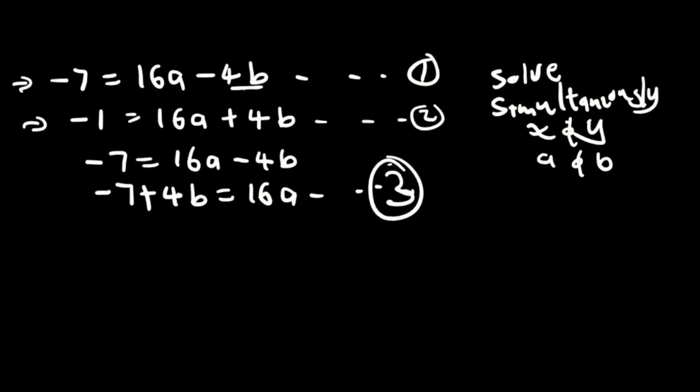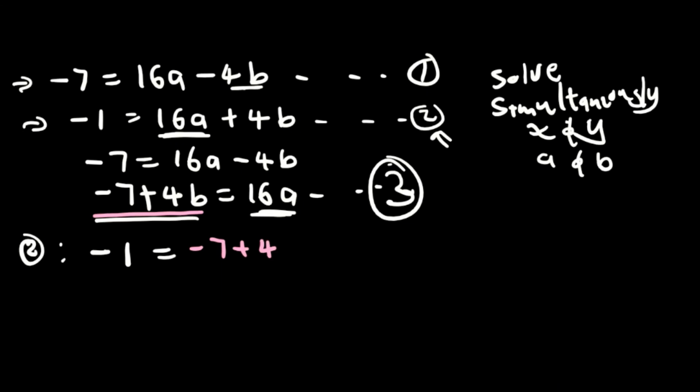So wherever we see 16a, we're going to put this value here. So we use our equation 2 now, which is -1 = 16a. Where we see 16a, we're going to put this part here, which is -7 + 4b.